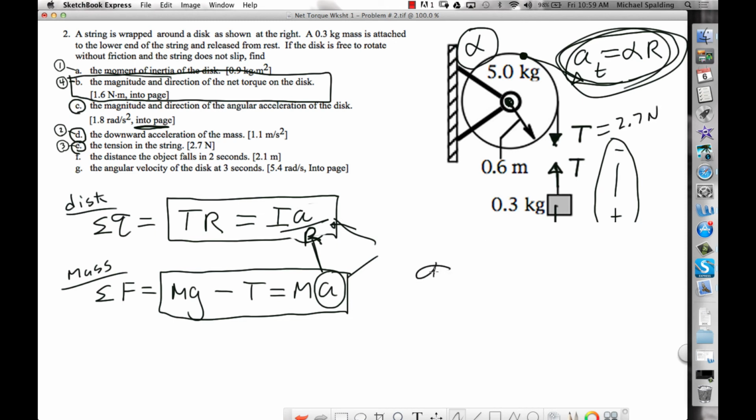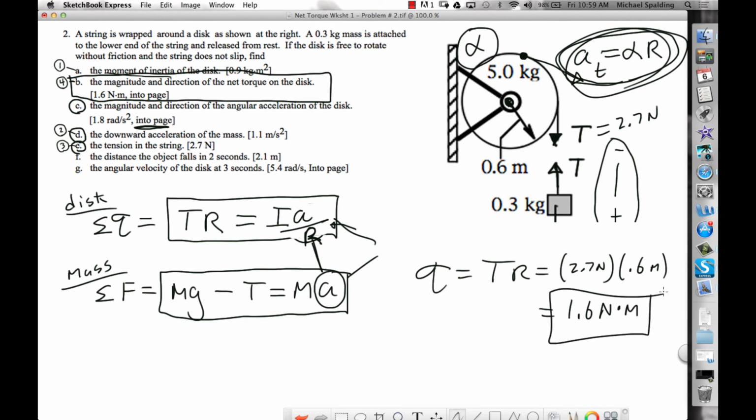So the torque on the disk is tension times radius: 2.7 newtons times the radius of 0.6 meters. That's 1.6 newton meters. There is no other torque, so that has to be the net torque. So now we've answered this.